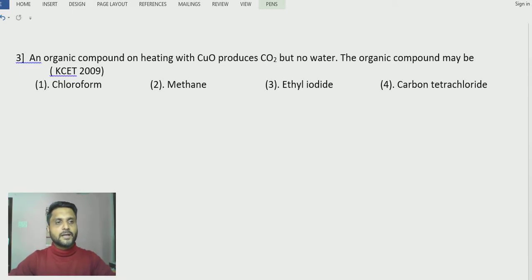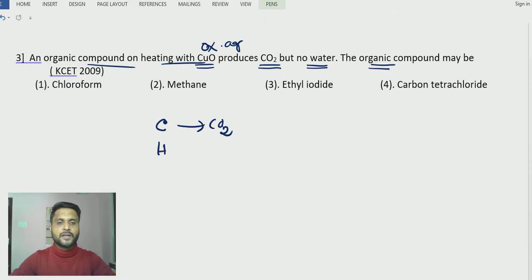Question number 3. An organic compound on heating with cupric oxide produces carbon dioxide but not water. The organic compound may be? Remember here, cupric oxide acts as the oxidizing agent. Whenever there is an organic compound, the carbon is oxidized to give carbon dioxide and hydrogen is oxidized to give water, in general.